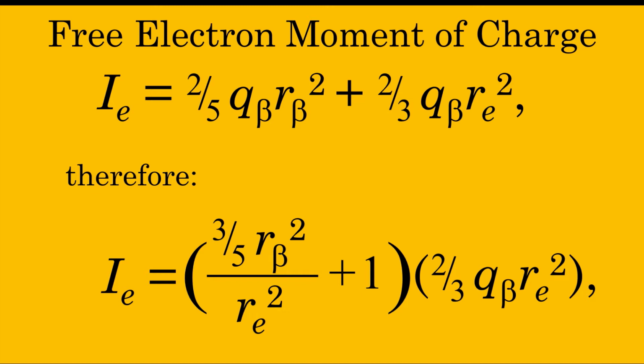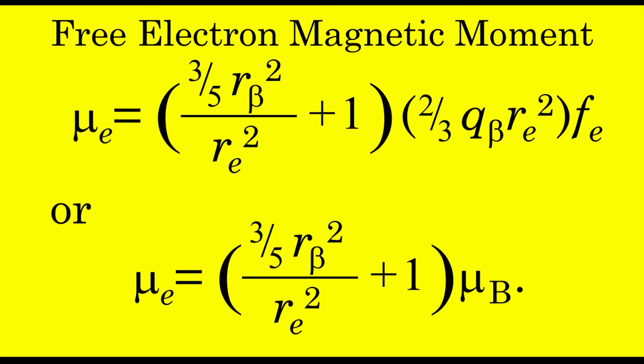This is 1 plus 3/5 r sub beta squared over r sub e squared times 2/3 q sub beta r sub e squared, which makes the electron magnetic moment 1 plus 3/5 r sub beta squared over r sub e squared times 2/3 q sub beta r sub e squared f sub e, or 1 plus 3/5 r sub beta squared over r sub e squared times mu sub b, the Bohr magneton, where f sub e is the electron frequency.